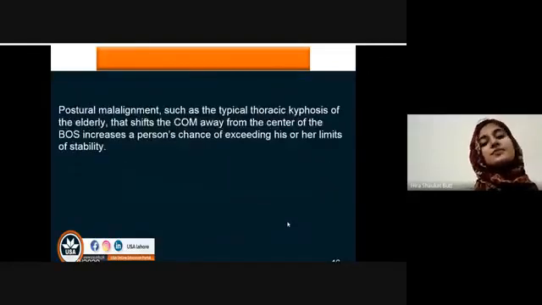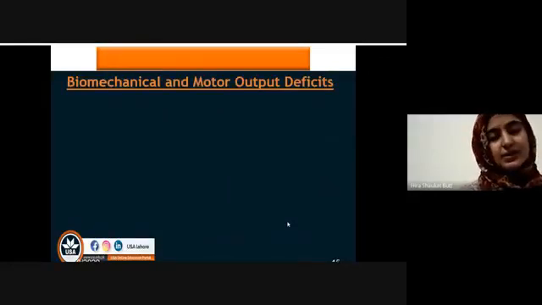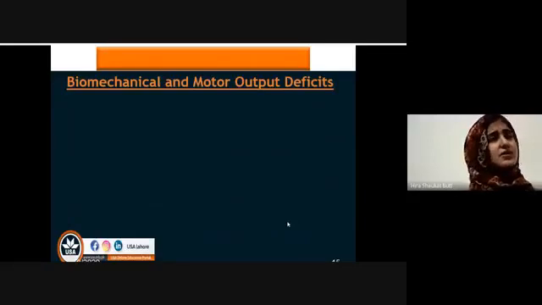So the systems that are controlling your balance include the nervous system, the sensorimotor integration, the sensory part, the motor control part, the musculoskeletal system, your joints, your receptors, your muscles.